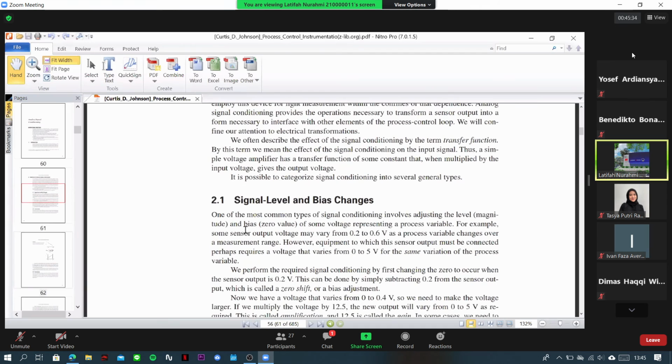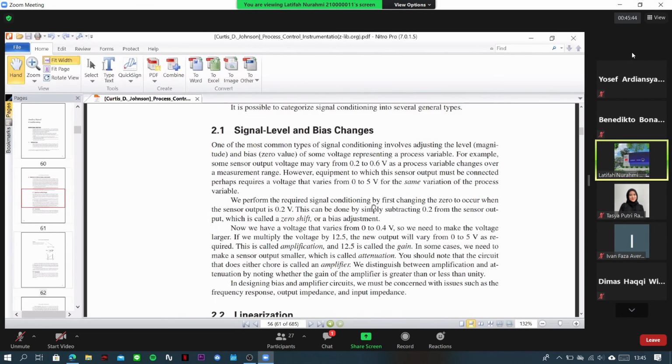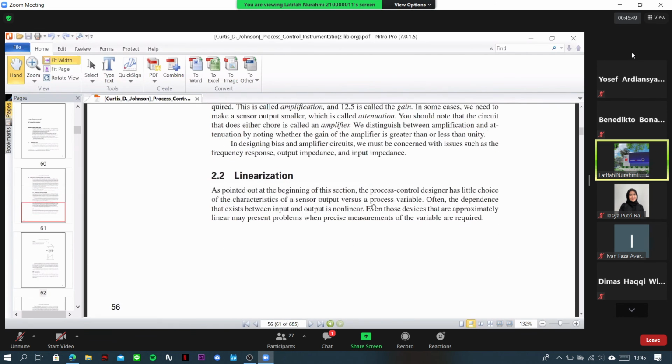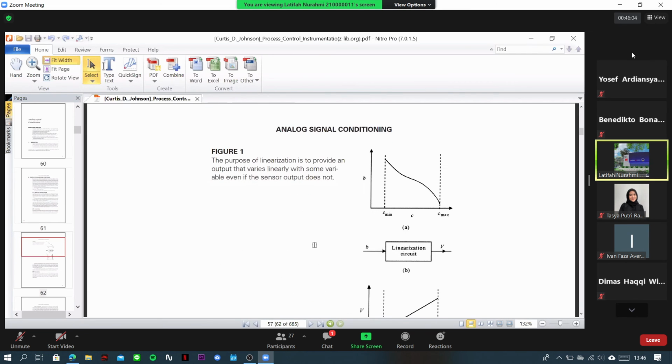And here, signal level and bias changes. This is what we solved previously. This is one type of signal conditioning. Another type that I haven't explained yet is linearization. You can read it. What is linearization and why do we need it? From the name, you can guess that the input signals can be nonlinear, can be highly nonlinear.